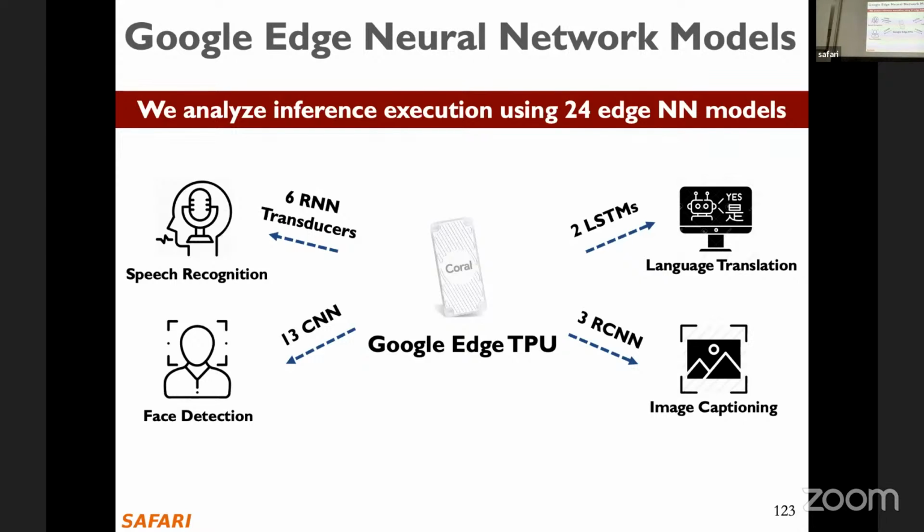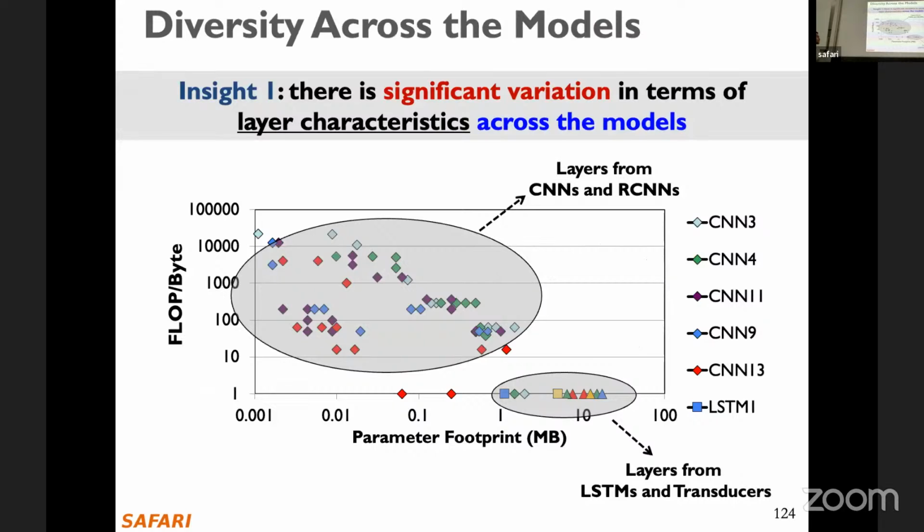Basically, the accelerator is designed to run different types of neural network models, for example recurrent neural networks, LSTMs, or CNNs, and all those models are used for different tasks. When we analyzed those models, we saw they have significant variation in terms of properties, for example their memory footprint and the arithmetic computation they need to do.